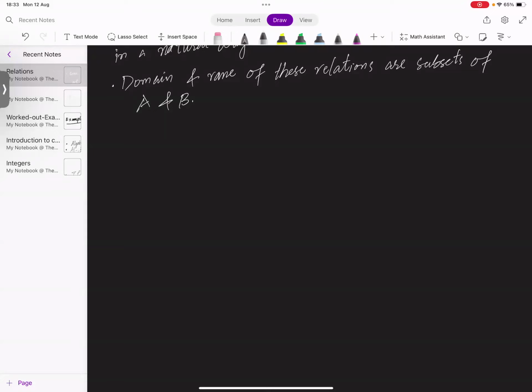We can also compose some relations to form a new relation. So let's define that by a definition.